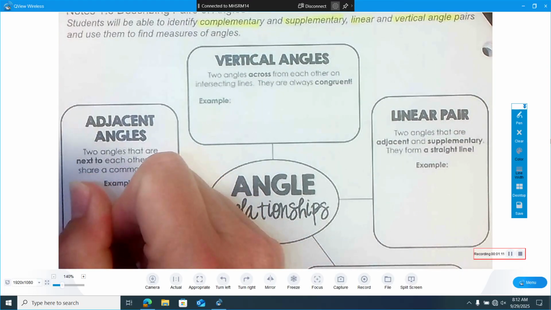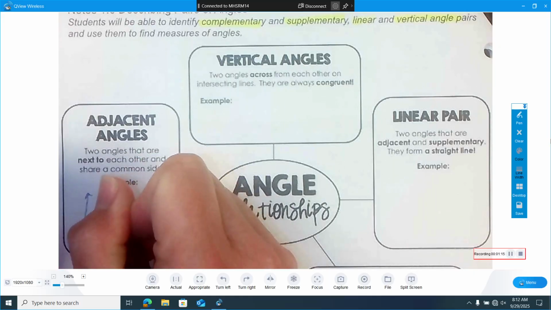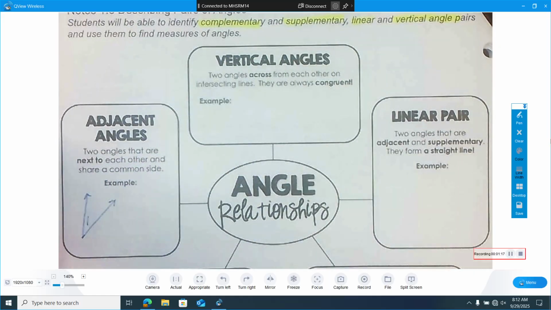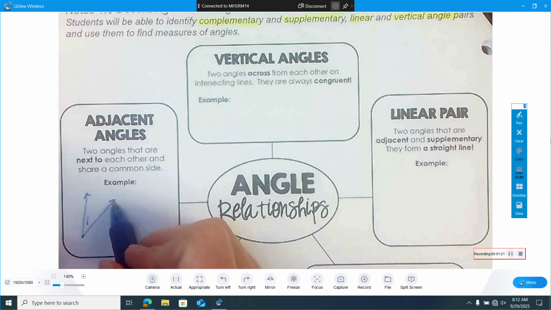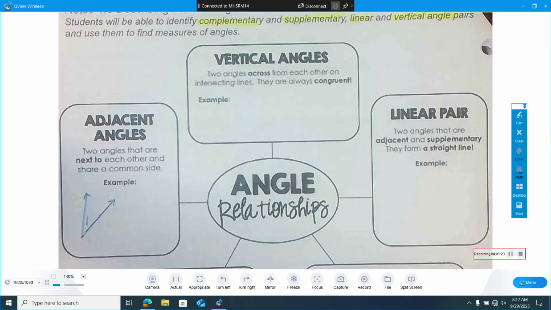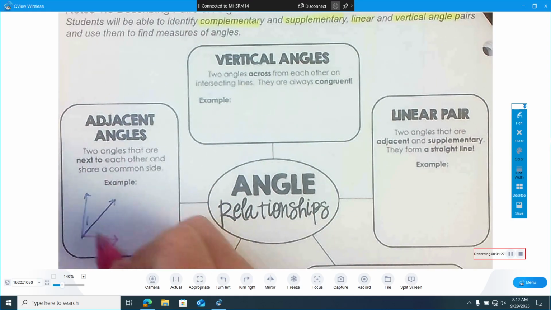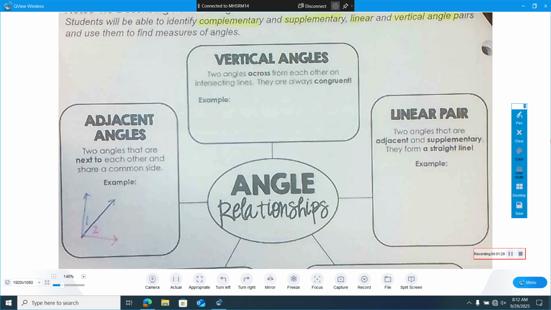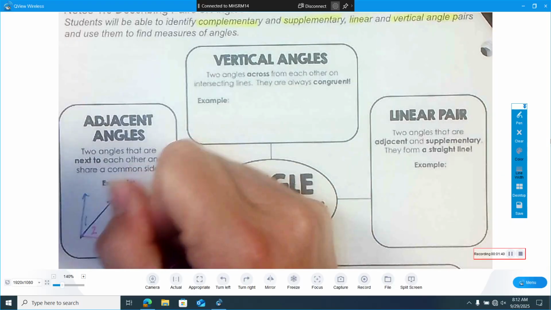So maybe here is angle number 1, and then the side of number 1 is shared here with angle number 2. So they have this common side. So adjacent means next to, okay? So they have a side in common. And of course they can be all kinds of different shapes.